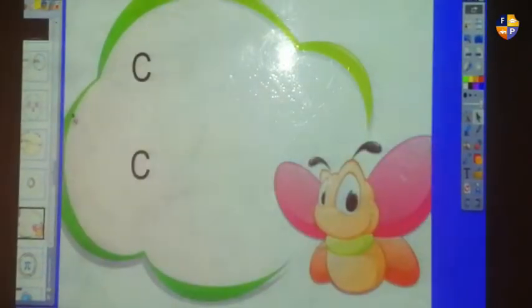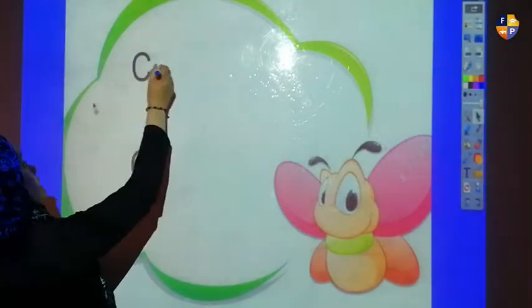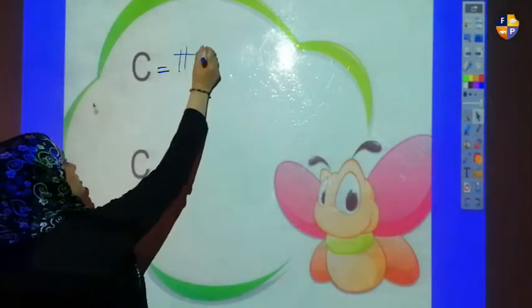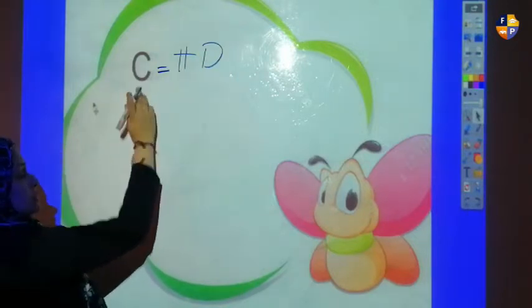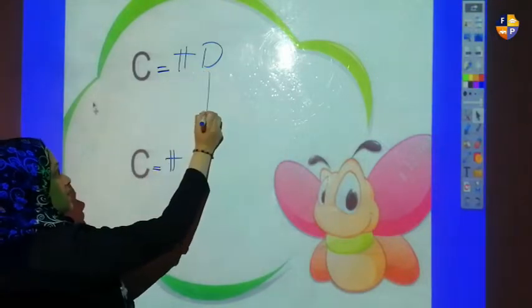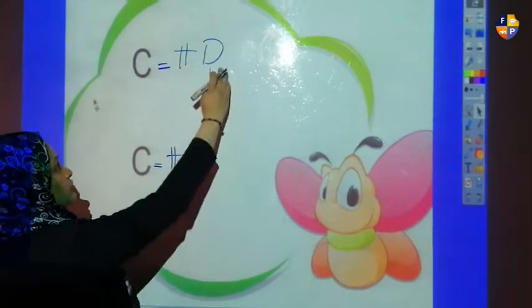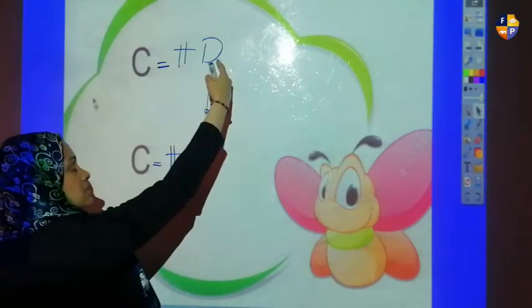What is the rule of the circumference? The circumference of the circle has 2 rules. Number 1, it's pi times d, which is pi times the diameter. Or pi multiplied by, instead of d, we said that you have the relation between d and r. What is the relation? 2r equals the diameter.